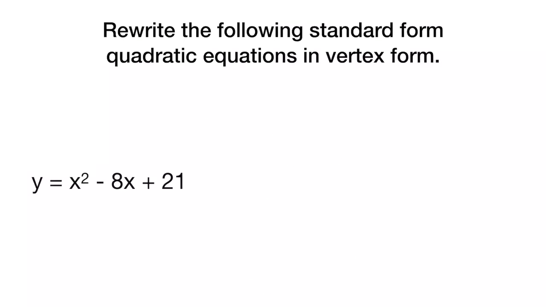Now let's try this one right here. In this case, remember I do negative 8 divided by 2 times, and in this case, our a value is just 1. So that becomes positive 8 divided by 2, which means our vertex, in this case, starts out at 4.